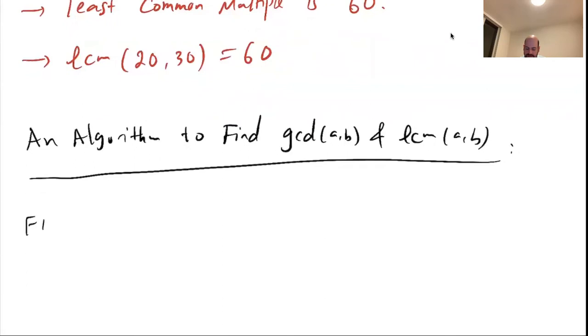So first we need a factorization. First, factorize A and B into prime factors, prime numbers.